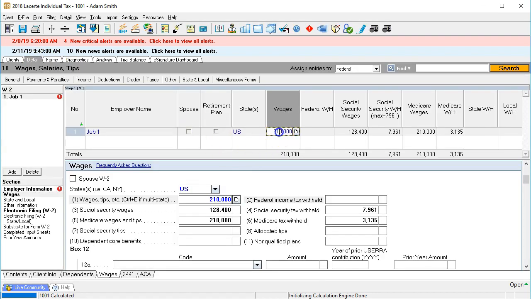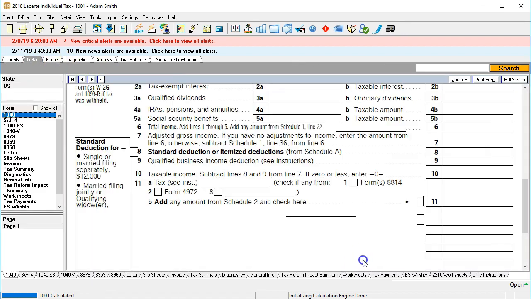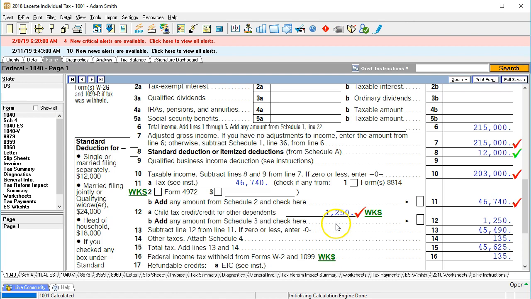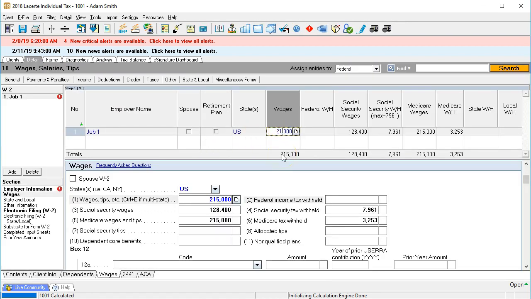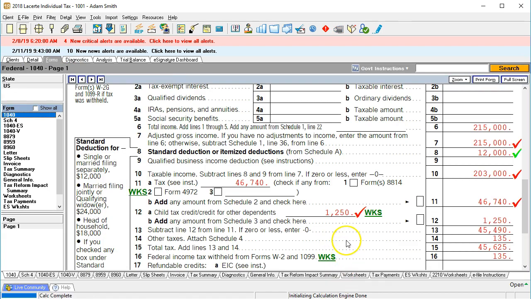If we take it to 215, we're going to say, let's go back over, 1,500, 1,250. If we take it to, let's say, 225, we've got 1,250 down to 750.